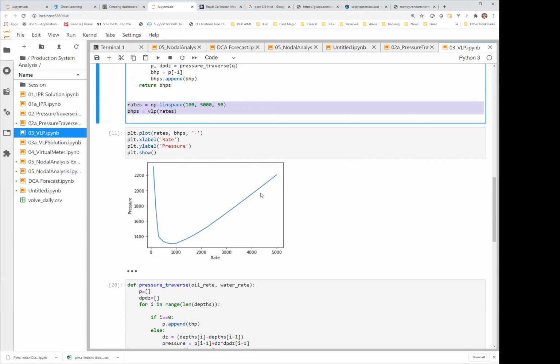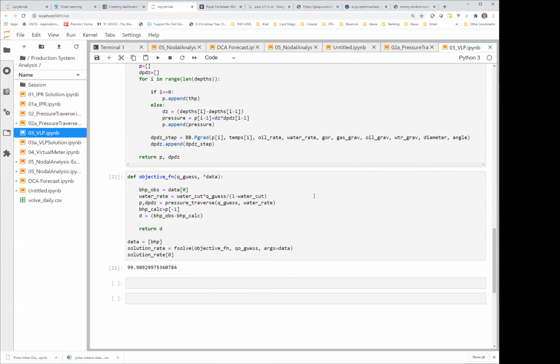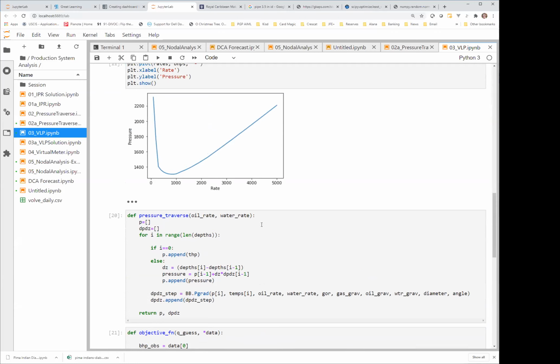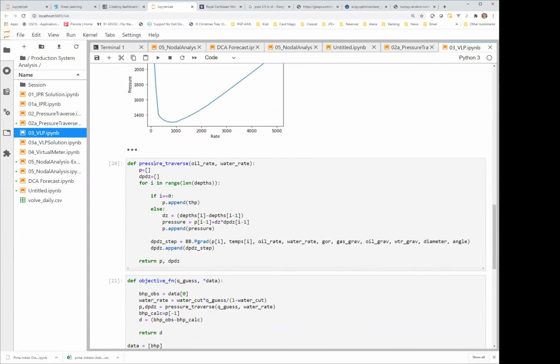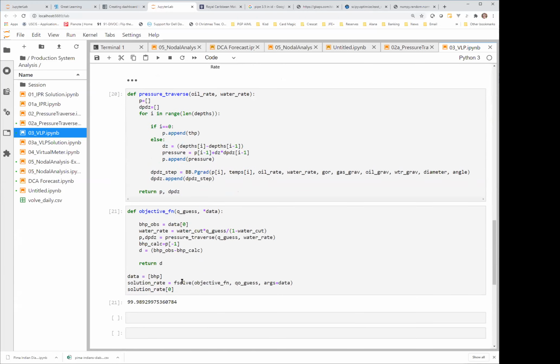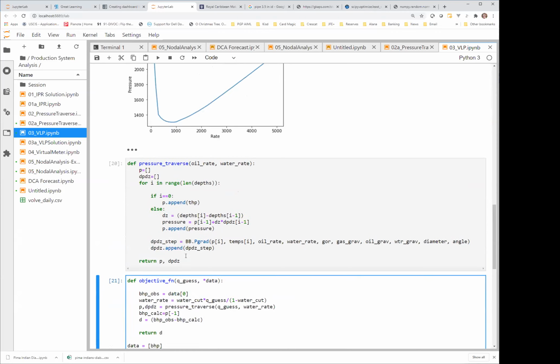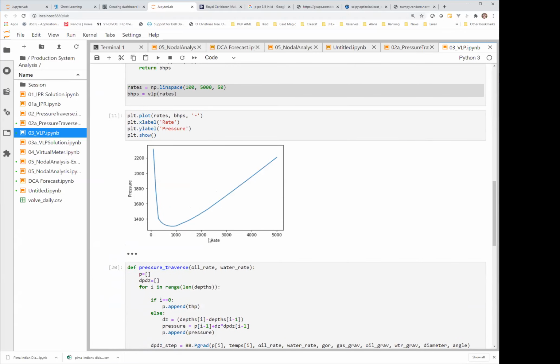So we basically are changing the rates, maintaining all the other parameters constant. And also what we did last time is a way to estimate the rates for a given pressure. So we use the solver in Python to estimate what a possible solution on oil rate would be for a given tubing head pressure.